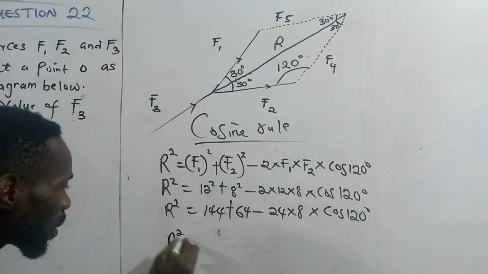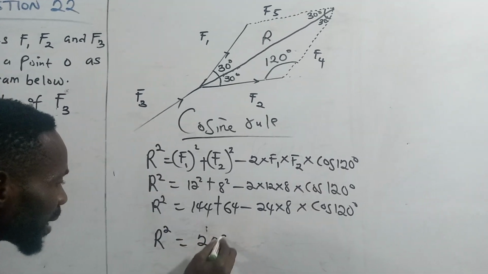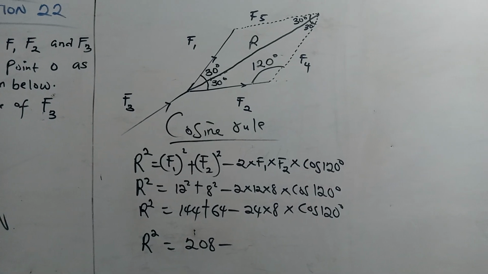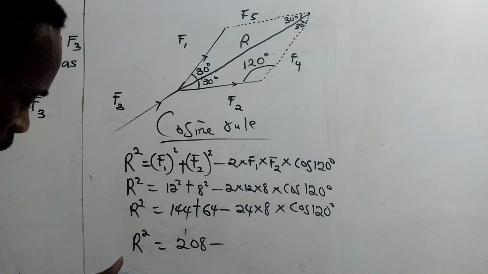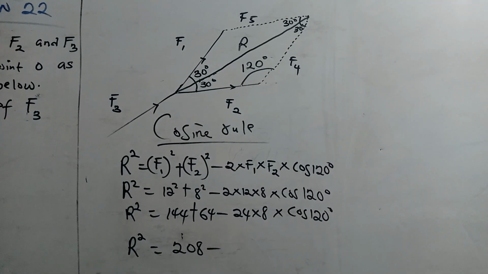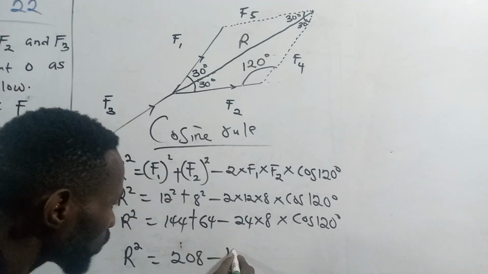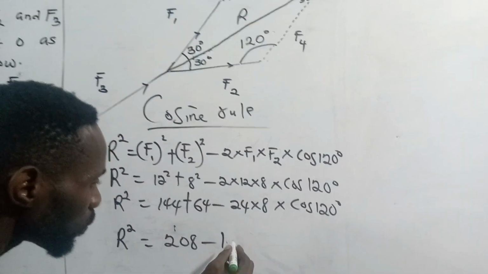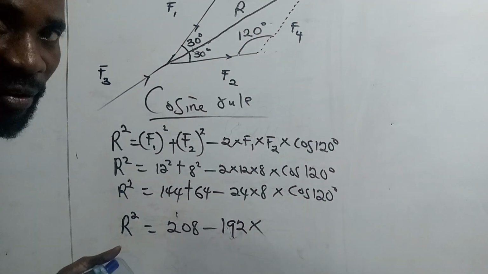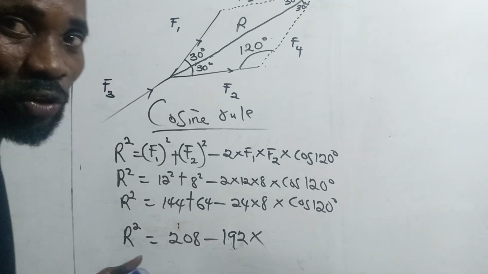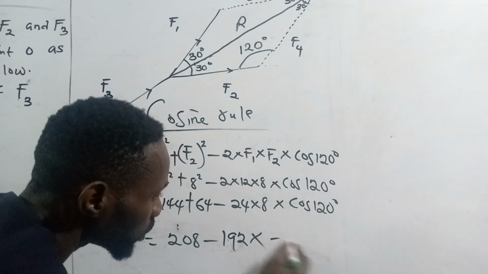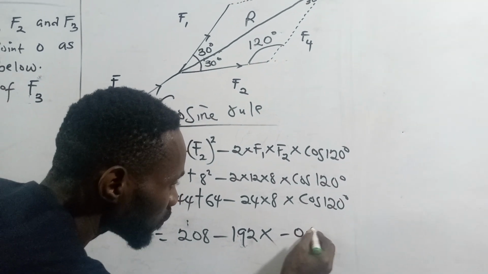R squared will be equal to 208 minus 24 times 8, which is 192. 192 times cos 120 degrees, which is the negative of cos 60 degrees. So cos 120 degrees will give us minus 0.5.